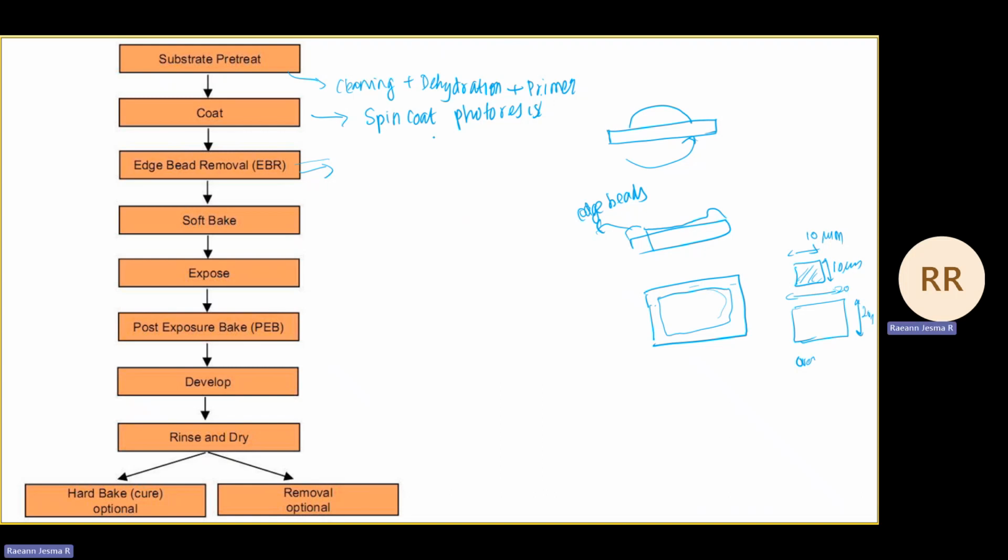So generally at the edges we will do edge bead removal. This we'll do by pouring some solvent at the edge, so there will be some sort of setup in the spin coater itself in order to remove the edge beads. Then we'll do soft bake in order to remove some of the solvent. Then we will follow this by exposure.